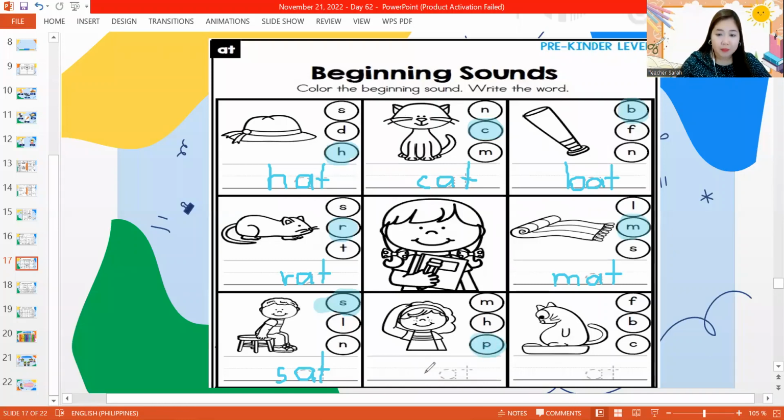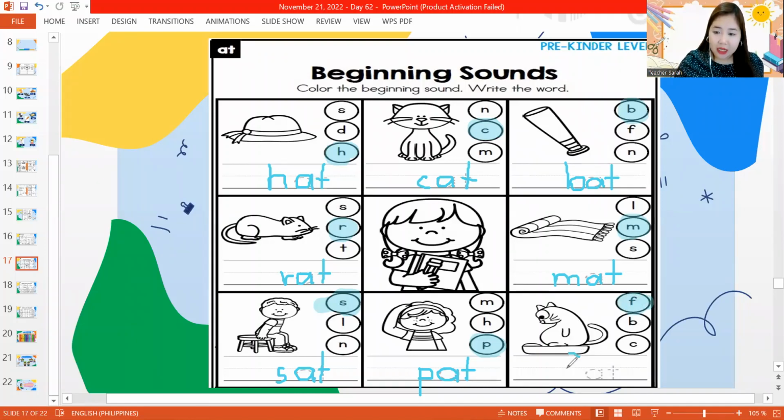Pat. Next one, what is this? The cat has a big belly and it is checking its weight. It is fat. Very good.